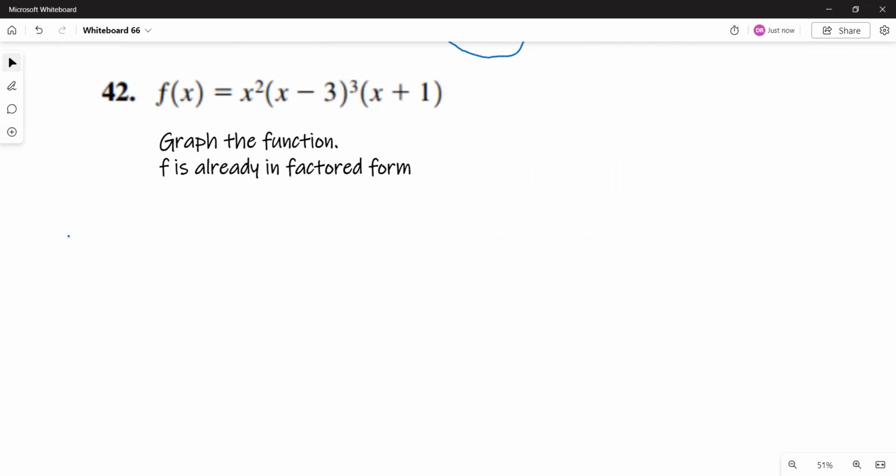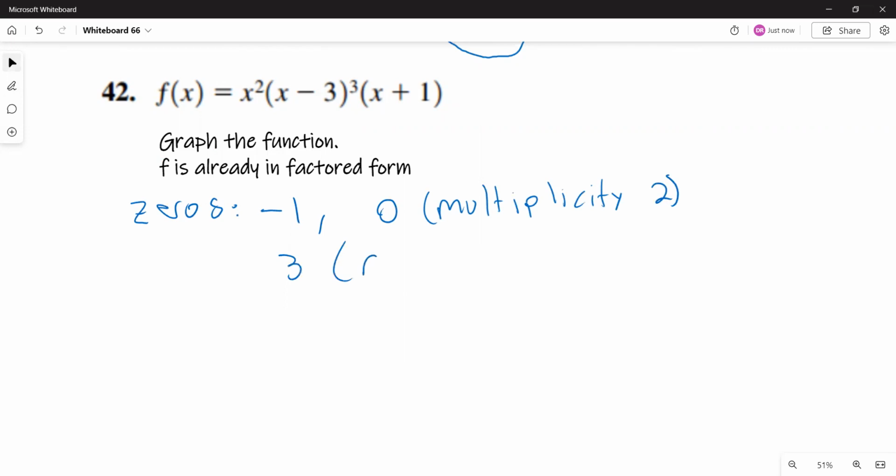We already know the zeros. So the zeros of this polynomial function are going to be -1, 0 that has multiplicity 2, and 3 that has multiplicity 3.